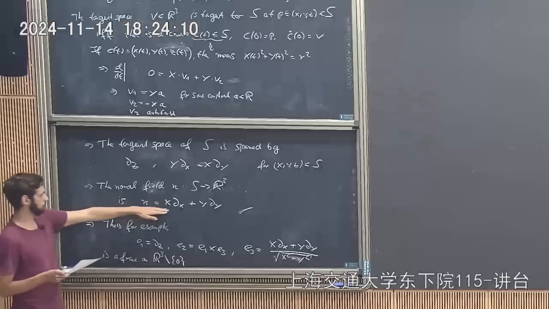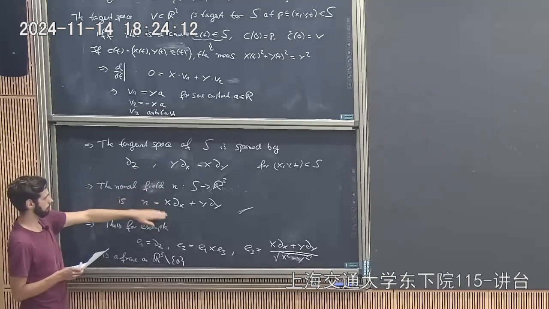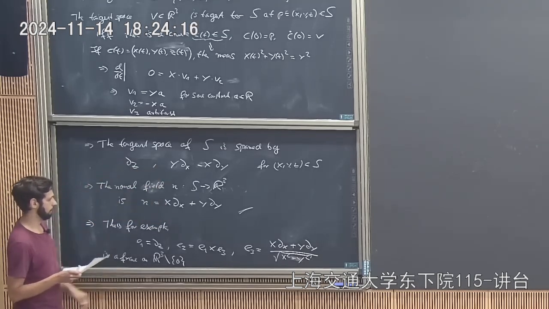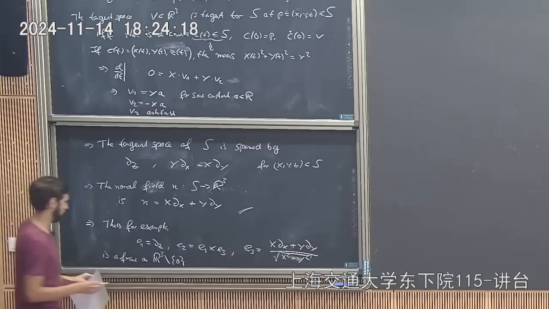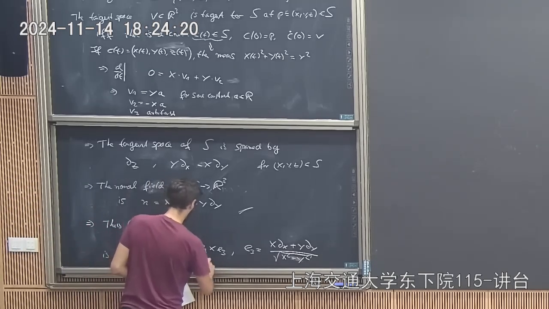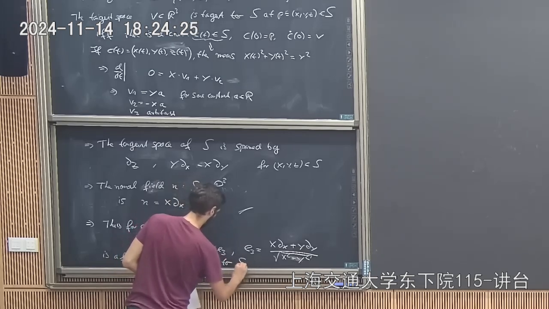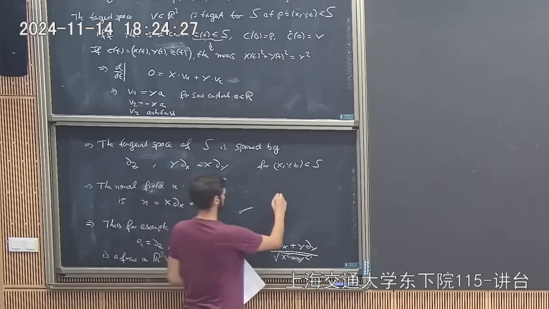If you restrict it, you get the normal vector field or some constant times this, and the same here. So this one is adapted to the cylinder.